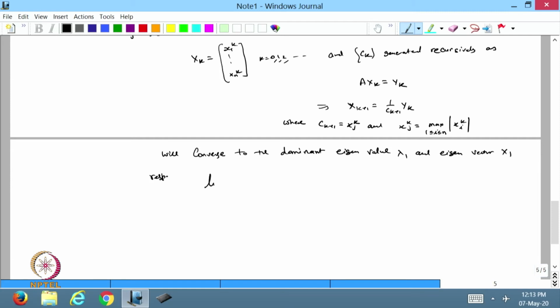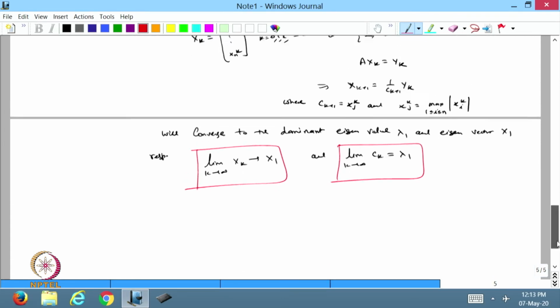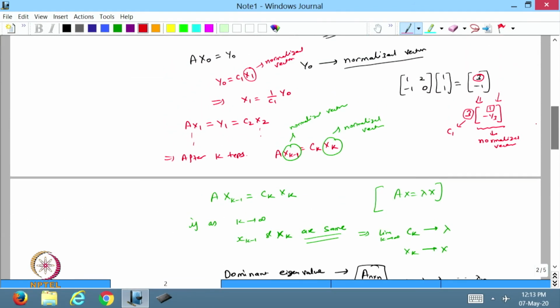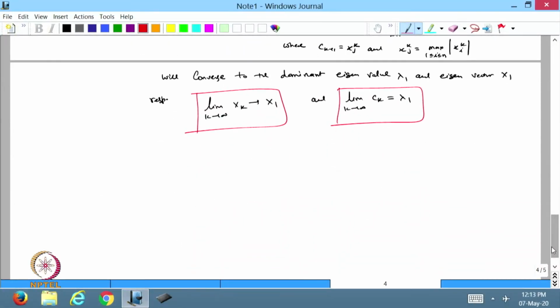So, that is, the limit as k tends to infinity, xk will converge to x1, and the limit as k tends to infinity, ck will converge to lambda 1. So, this is my statement of this one. I have already explained how we can implement this power method for a given problem. So, that is the statement. Now, we can do the proof of this one.